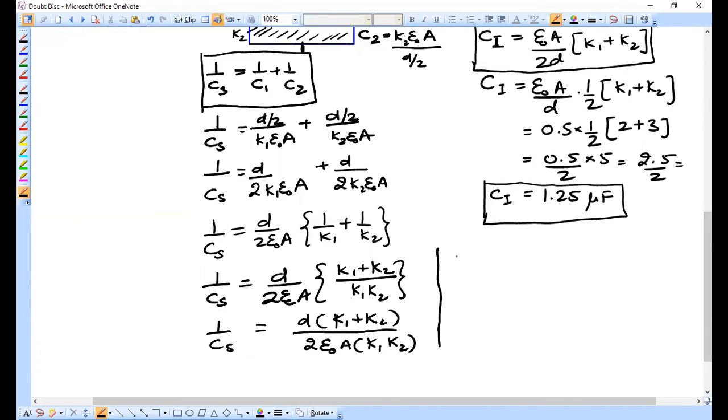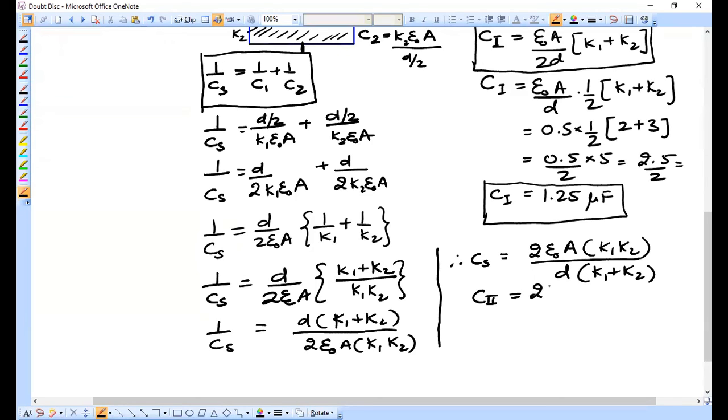Therefore, CS comes out to be, on reciprocating it, 2 epsilon naught A k1 k2 upon d times k1 plus k2. So this is the expression of the second orientation of the capacitor, that is C2.